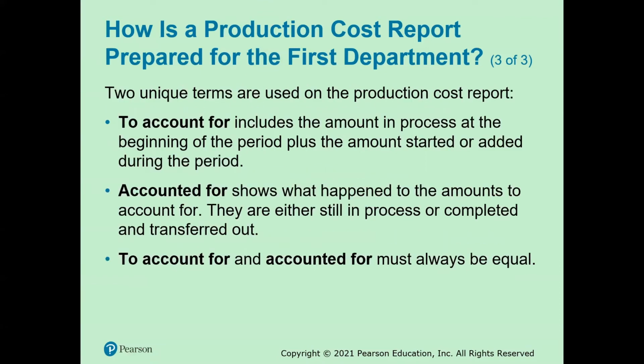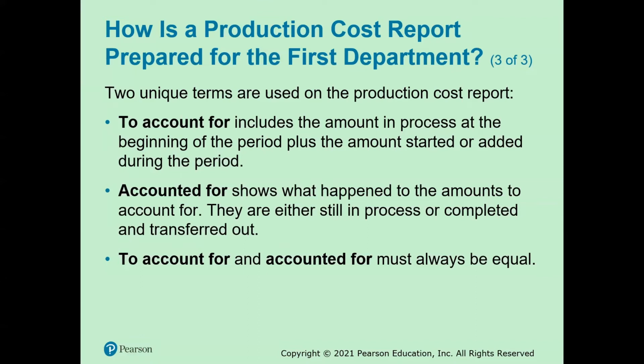Two unique terms are used on a production cost report. To account for includes the amount in process at the beginning of the period plus the amount started or added during the period. Accounted for shows what happened to the amounts to account for.